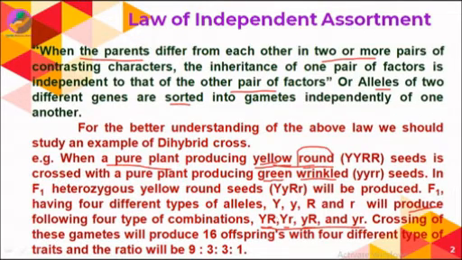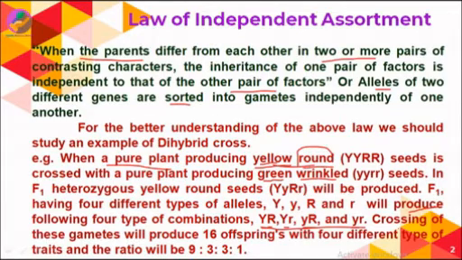They can produce the combination capital Y capital R, capital Y small r, small y capital R, and small y small r. They combine in four different types, and though they combine differently, they will assort independently. So this is the meaning of the law of independent assortment.